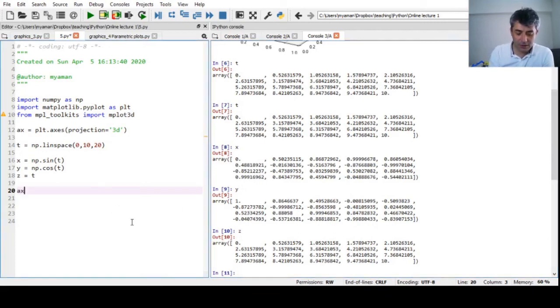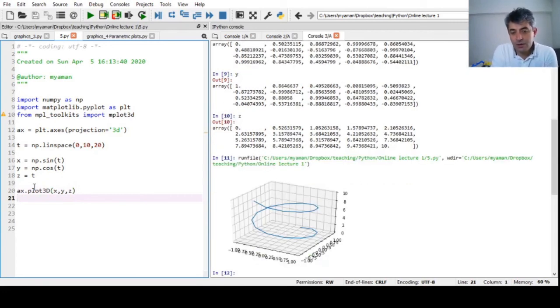To plot it, I use the axis created here, ax dot plot 3D, X, Y, and Z. Okay, let's run this.